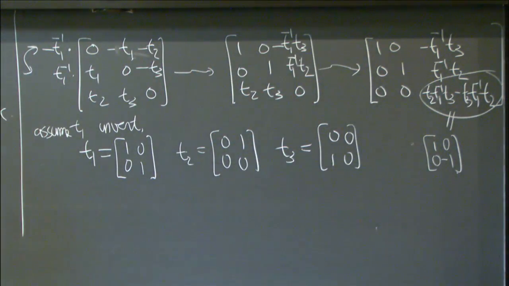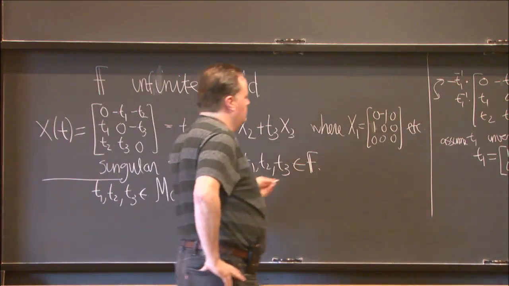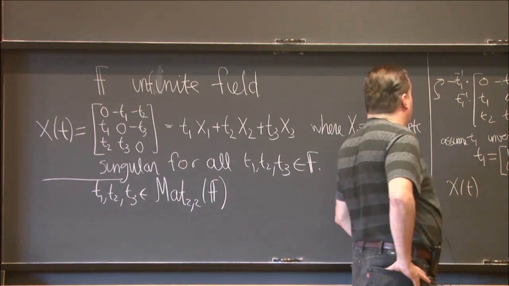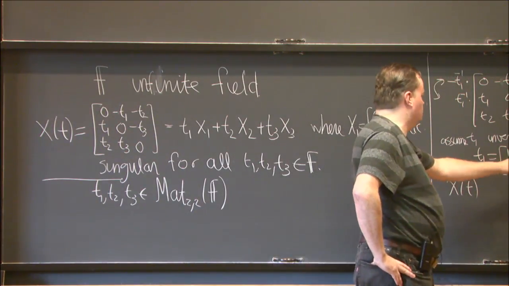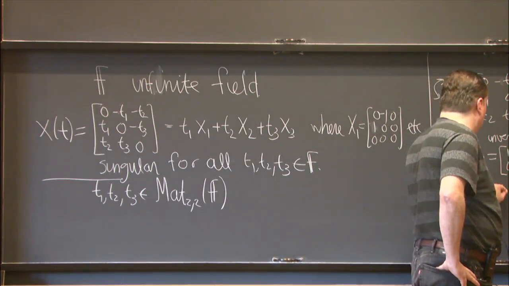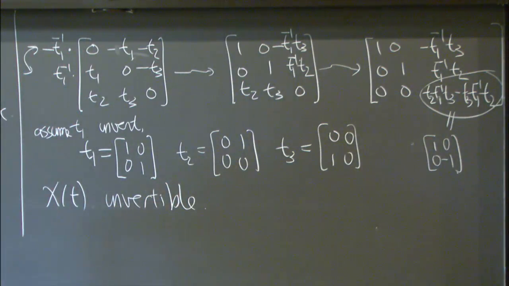So, by the way, maybe I'll call this matrix xt. But there are different ways of thinking of xt. So if T1, T2, T3 are these 2 by 2 matrices, then this matrix is invertible in this context. Okay, so that's kind of an interesting phenomenon.